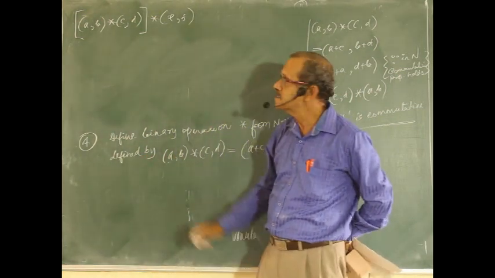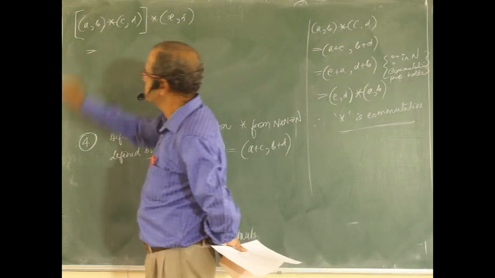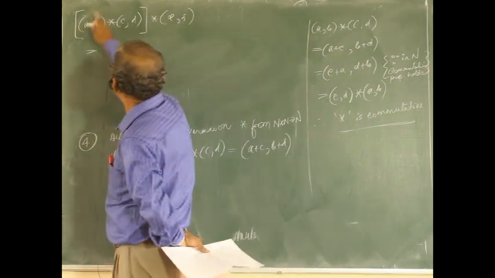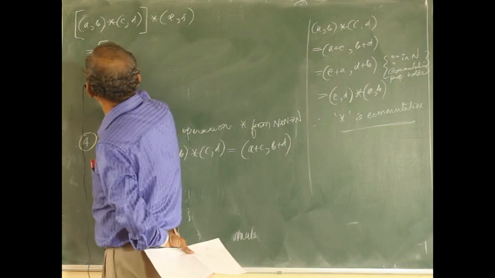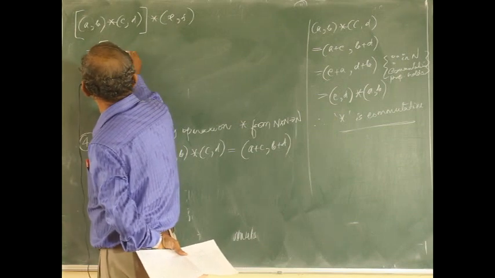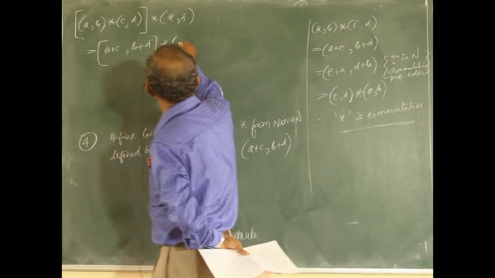Three elements. a star b star c equal to, first let me simplify this. a plus c, b plus d star e comma f.